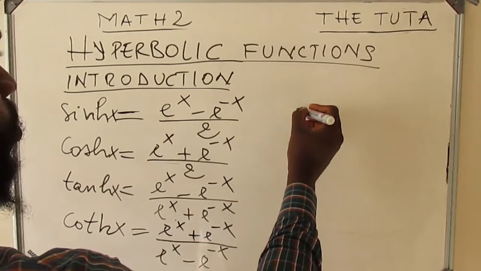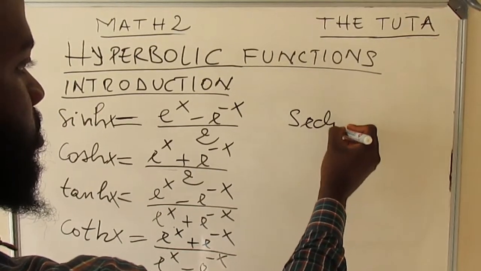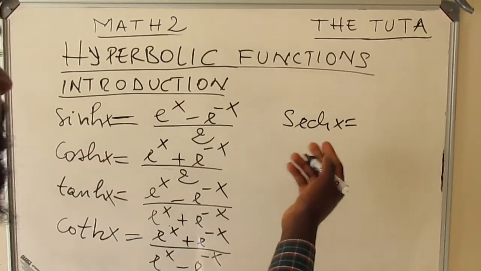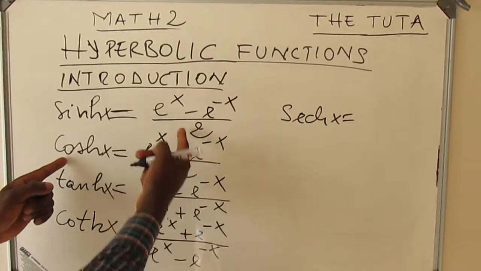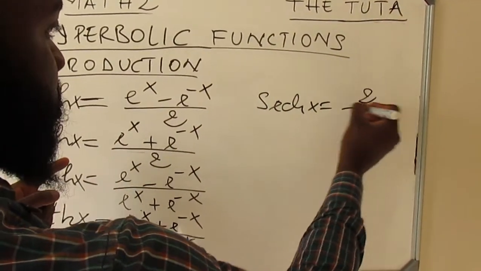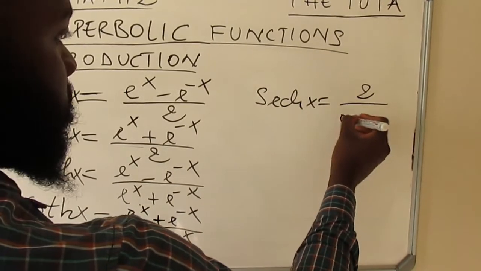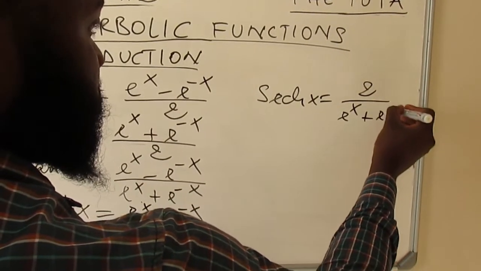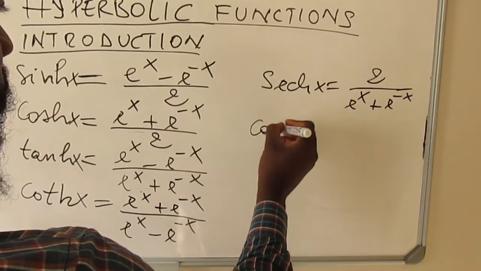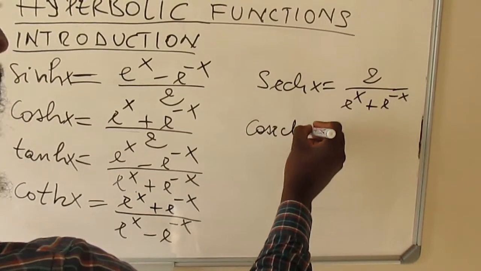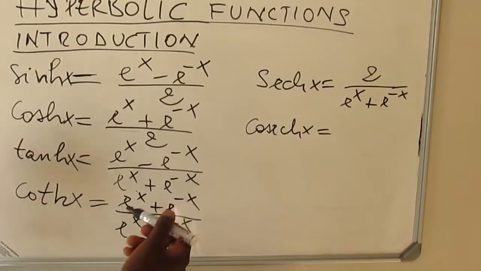We also have sech of x, which is the inverse of what? Of course, the inverse of cosh. So you take the 2, you put it upstairs, over e to the power x plus e to the power negative x. Then the last one is cosech of x, which is the inverse of sinh.